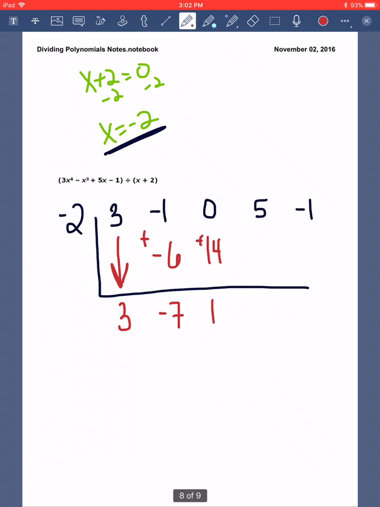So 0 plus 14 is 14. Multiply again. So -2 times 14 is -28. Add going down. So 5 plus -28 is -23. Multiply again. So -2 times -23 is +46. And then add going down, -1 plus 46 is 45.